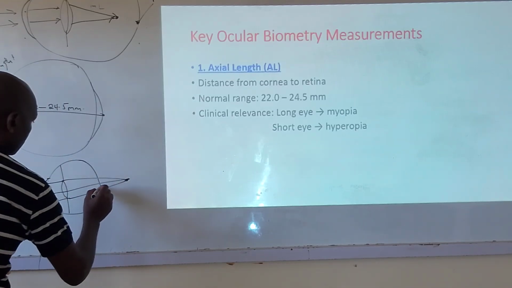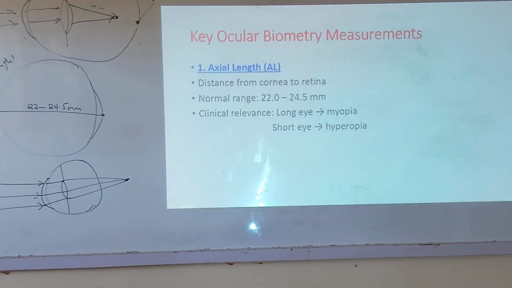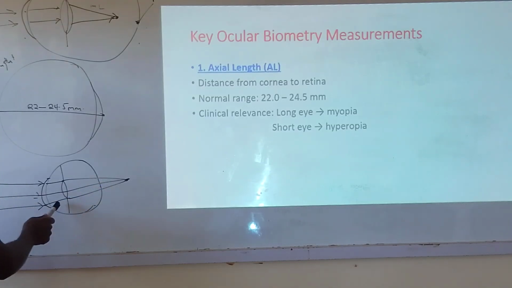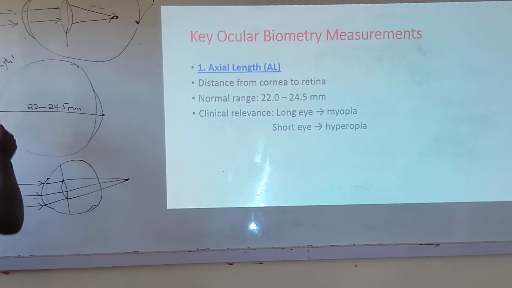Instead of focusing on the retina at the macula, your light rays will focus behind the retina, because the eyeball is very small, meaning this axial length is less than 22 millimeters.